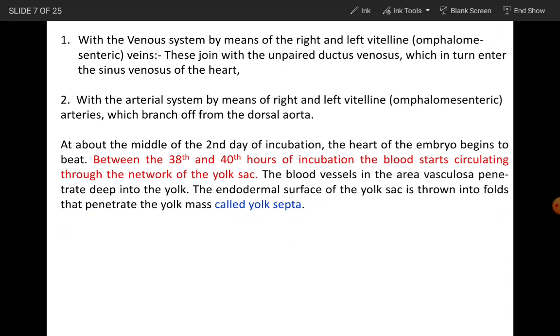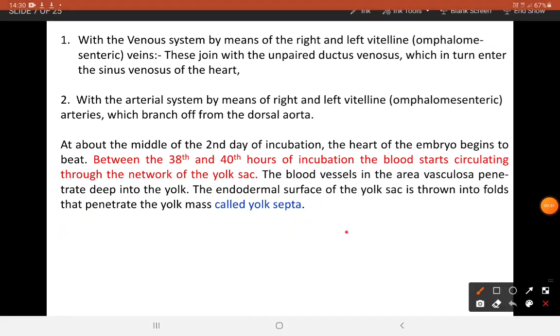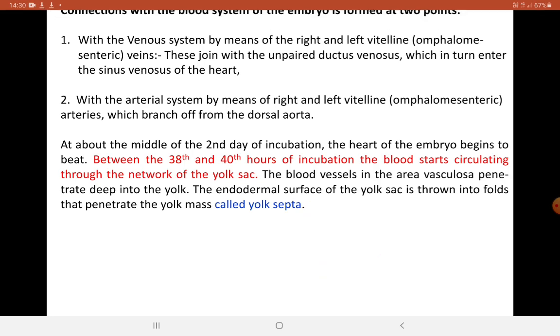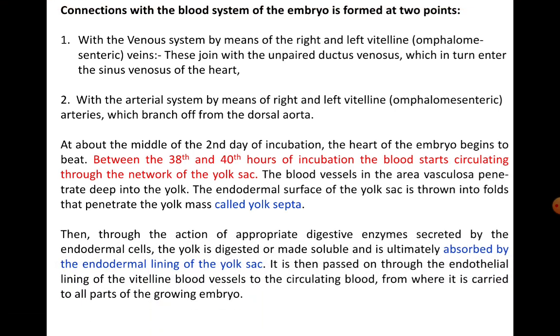Like if you have the yolk sac like this, here you get the formation of folds like this, which are called the yolk septum. And through the action of appropriate digestive enzymes secreted by the endodermal cells, the yolk gets digested and is made available by the endodermal lining of the yolk sac.